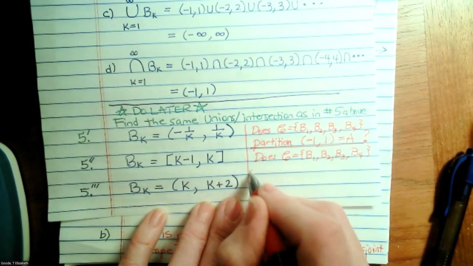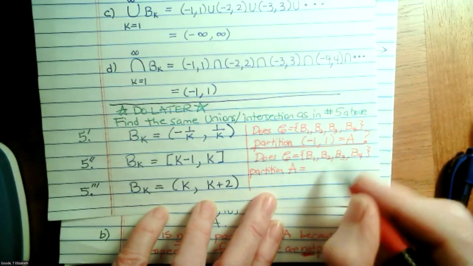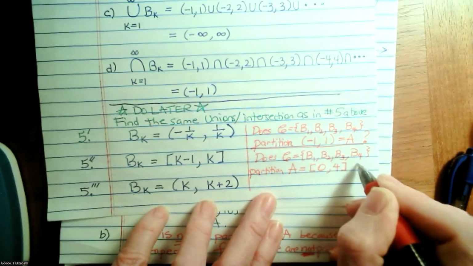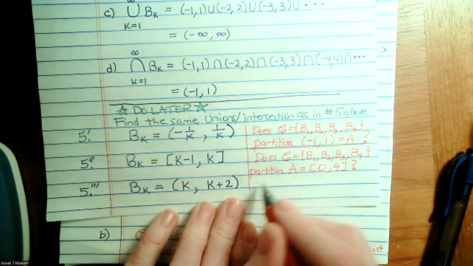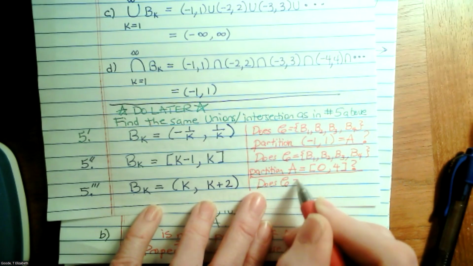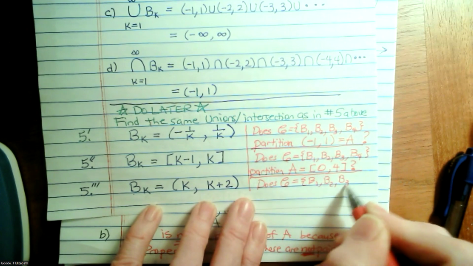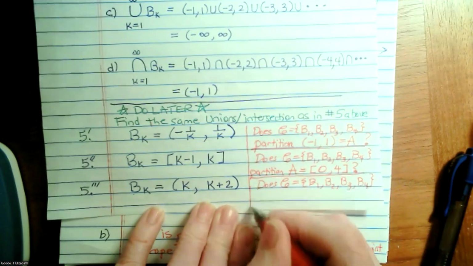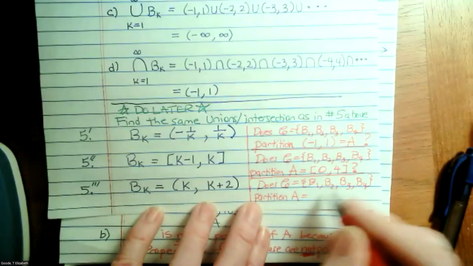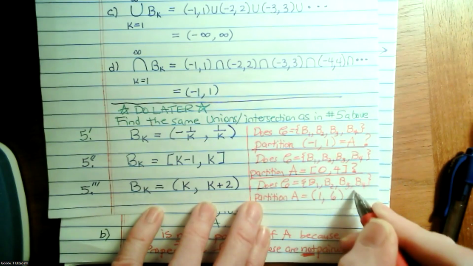Does it partition A equals from 0 to 4? And then here, does C equal B1, B2, B3, B4 partition A equals 1 to 6?